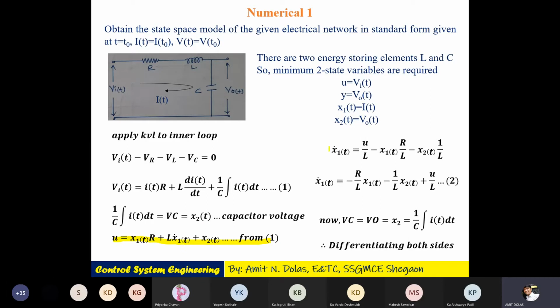Let's go for expanding this. I want this equation in the form of state. So what is the state here? That is x dot 1 of t. I took it on the left hand side and the remaining part on the right hand side.